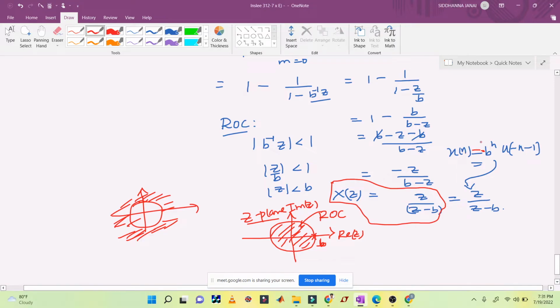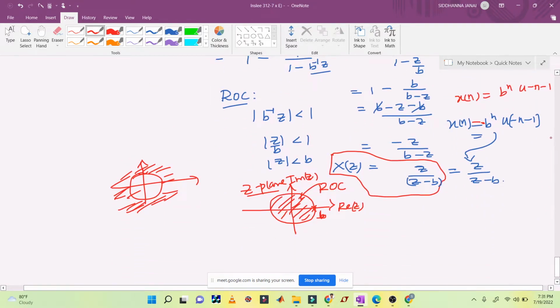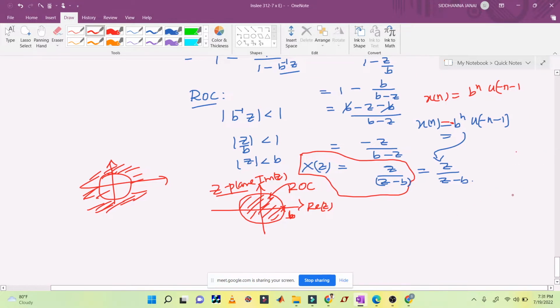Remember this. If at all some problem is given like this, x of n is equal to b power n u of minus n minus 1, then the answer would be minus of z divided by z minus b.